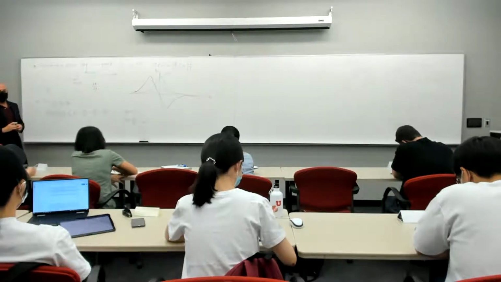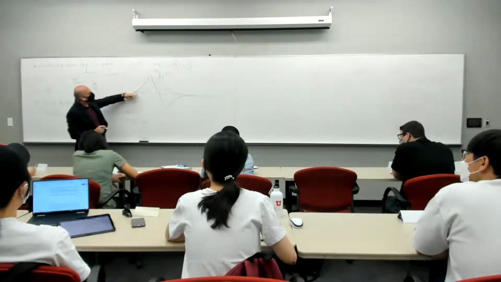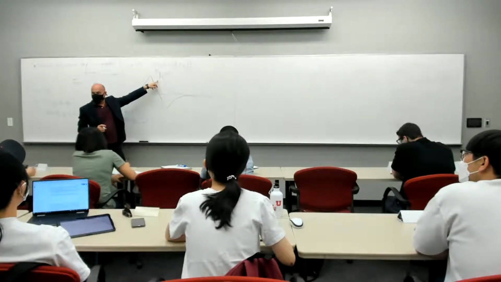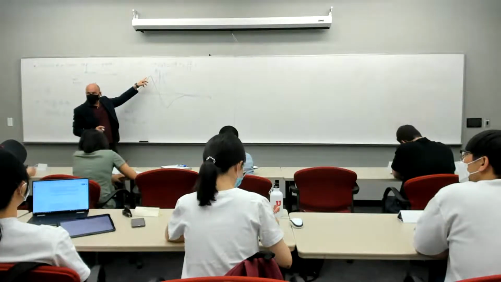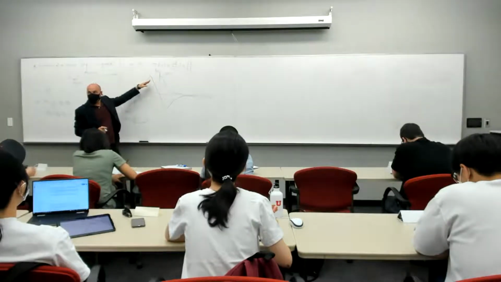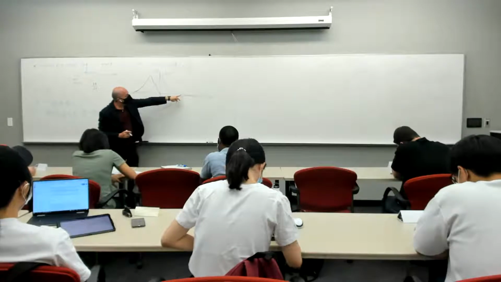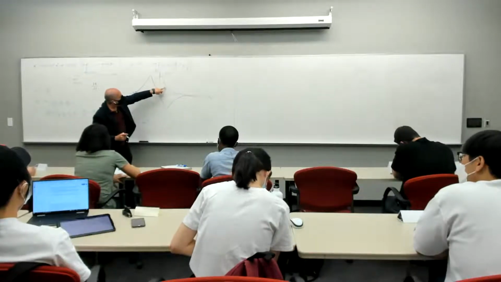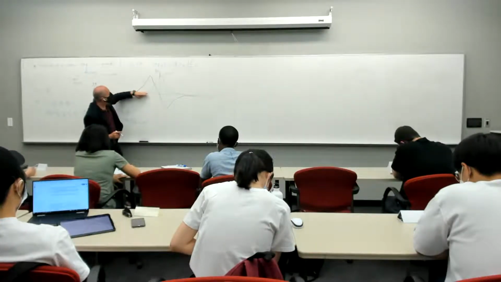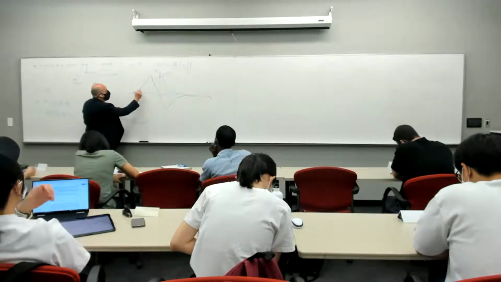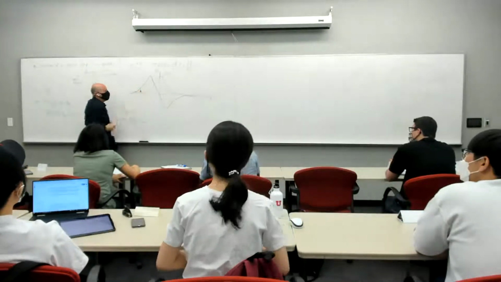What is this telling us? As we are approaching the peak of f of x, the gradient is positive. Imagine you're riding on this bell curve. Imagine that's me, and this is my blazer.